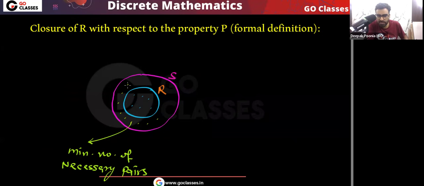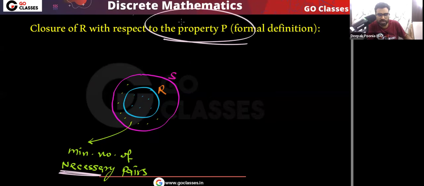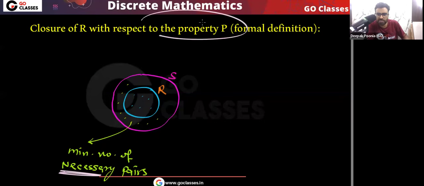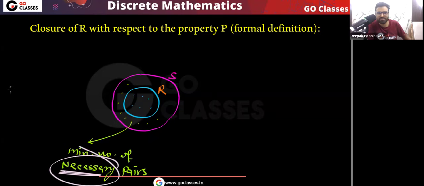Tell me one thing. Remember, these yellow ones are the necessary pairs. So if I make any superset of R which satisfies property P, will it definitely have these necessary pairs? Yes, because these are necessary pairs, so of course they will definitely be there.